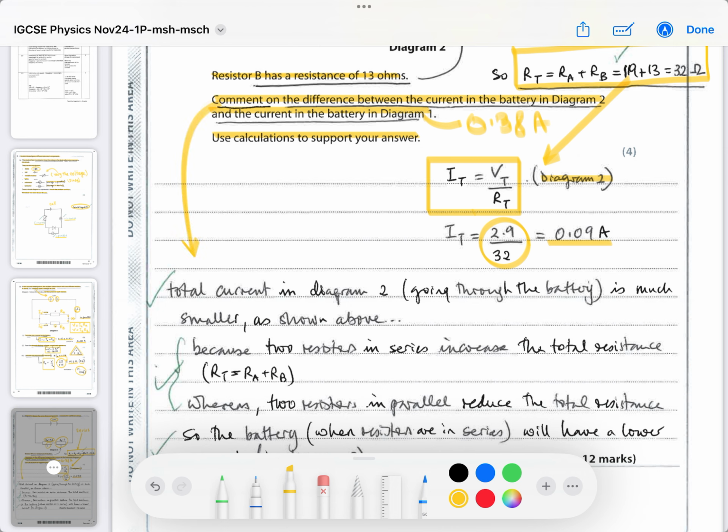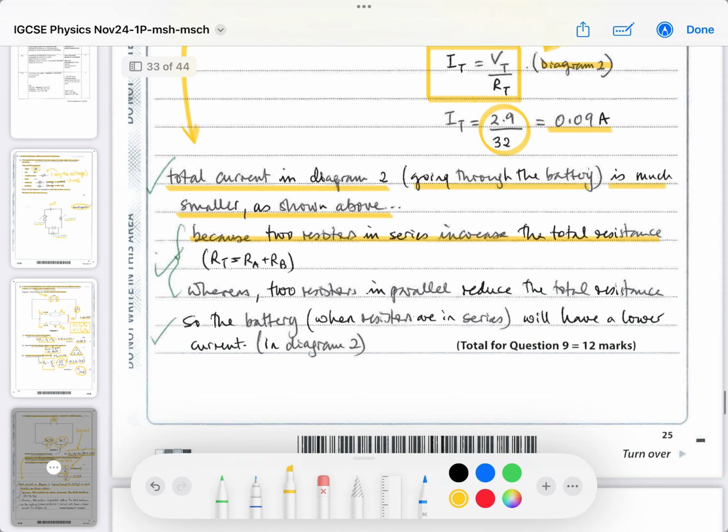Okay, so you've got to comment on it then, and it says the total current in diagram 2 going through the battery is much smaller, or a quarter, as shown above. So about a quarter, just under a quarter, because two resistors in series increases the total resistance, as I explained, and I've shown that I know the equation for it.